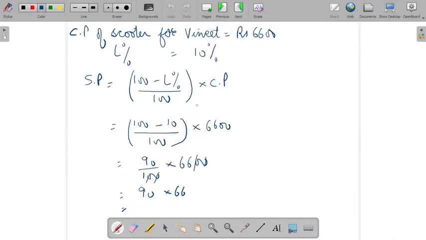Now instead of this, it is 6930. So cancel the terms. So you will be getting 9 multiply 693.